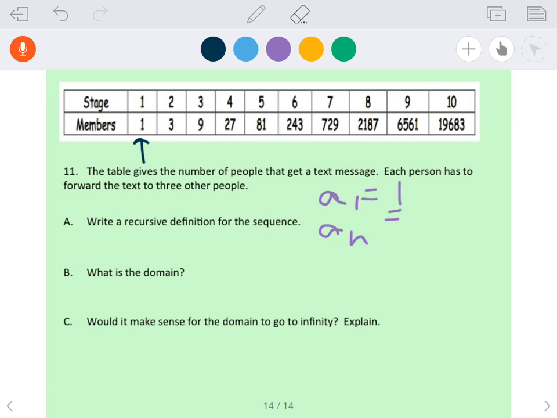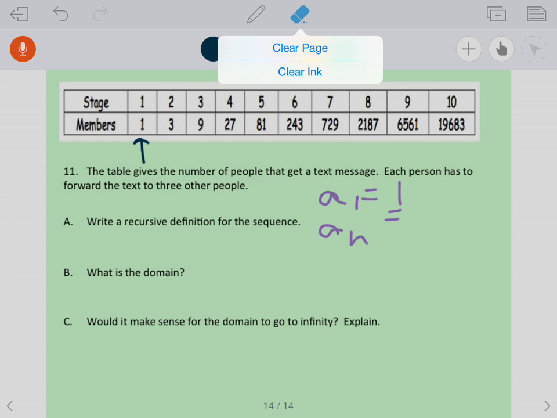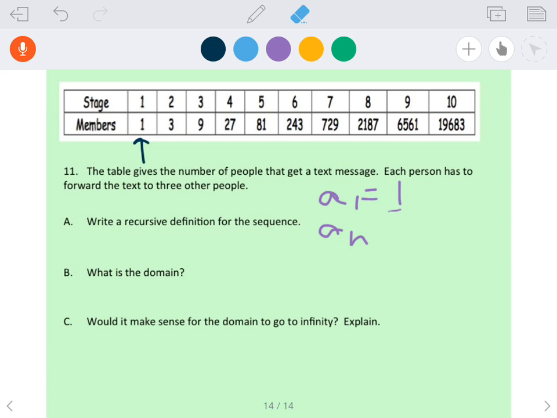Okay, a sub n is going to be, see, what are you doing here each time? You're multiplying by 3. So it's going to be 3 times whatever the previous term was. So 1 times 3 is 3, then you take that 3 and you multiply by 3 to get 9.